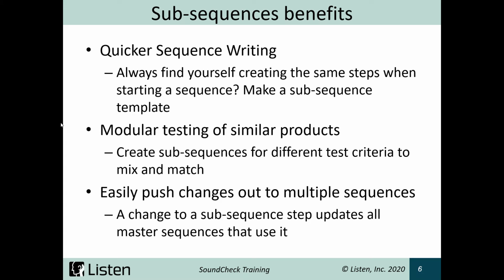Then multiple sequences with estimated resonance, etc. Then as I'm going to put together the sequences for all these specific devices, I could just mix and match the subsequences. So one device, I might want to use A, B, and C. Then another device, I only need to use subsequences A and C. Having a library of not just steps, but sequences can make it very easy to put together similar tests very quickly.